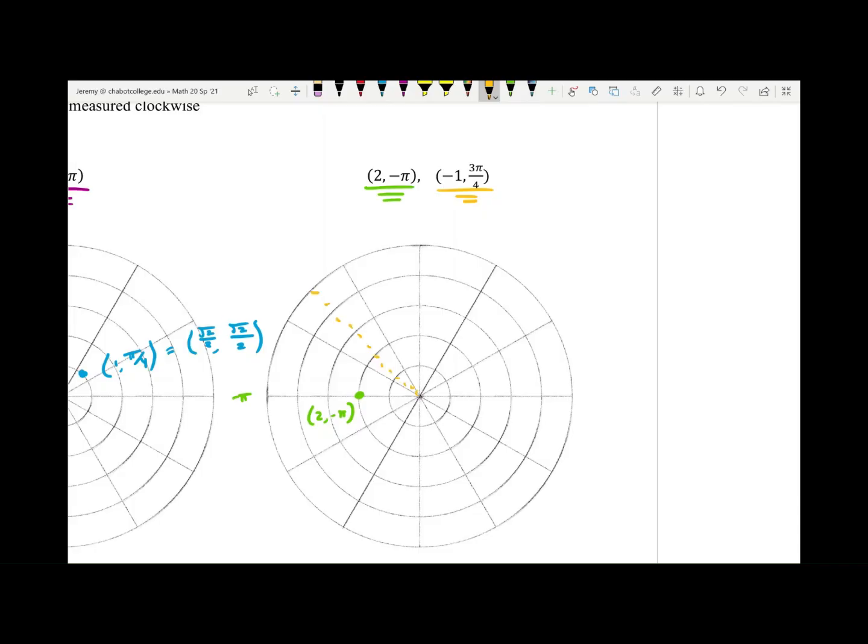But since we have a negative radius, we're going to count 1 unit in the opposite direction. So 3π/4 is that angle there, but we're going to count in the opposite direction. And that's how we represent a negative radius. So there's the ordered pair (-1, 3π/4).